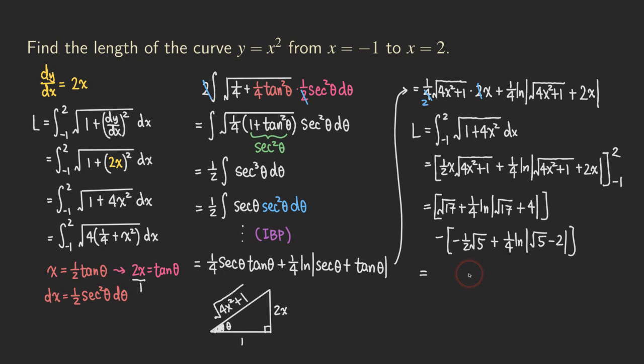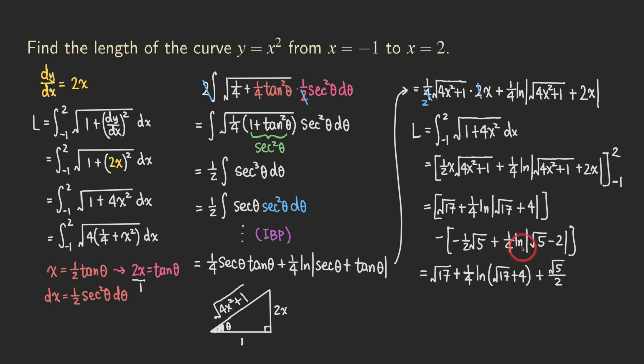And then we have the final answer, right? So you are just going to be getting the square root of 17 plus 1 over 4 ln of square root of 17 plus 4. We already know that when we add two positive numbers together, we are going to get a positive number, so we don't need the absolute value anymore. And then I'll just keep going, right? So negative gives you positive square root of 5 over 2.